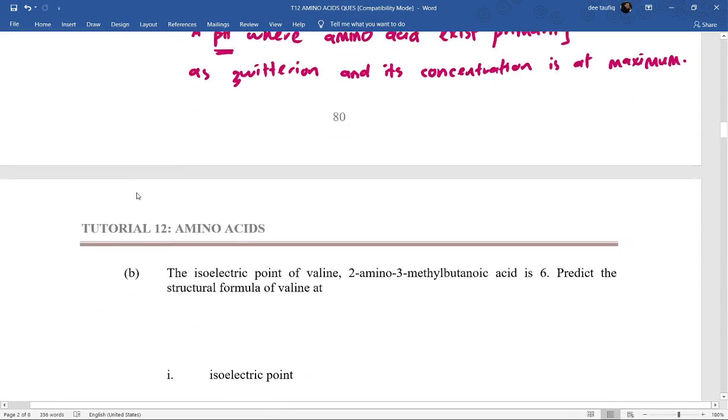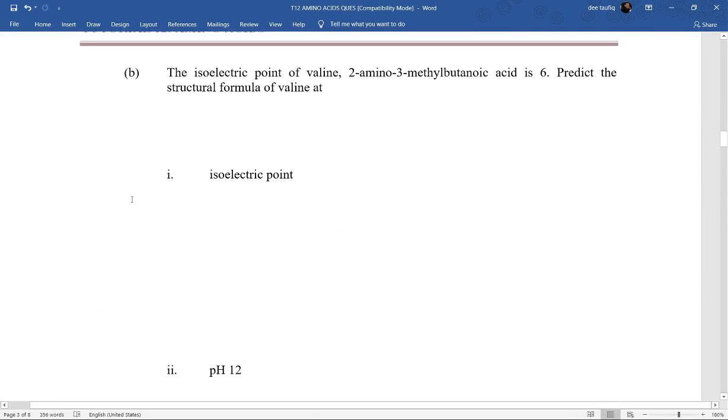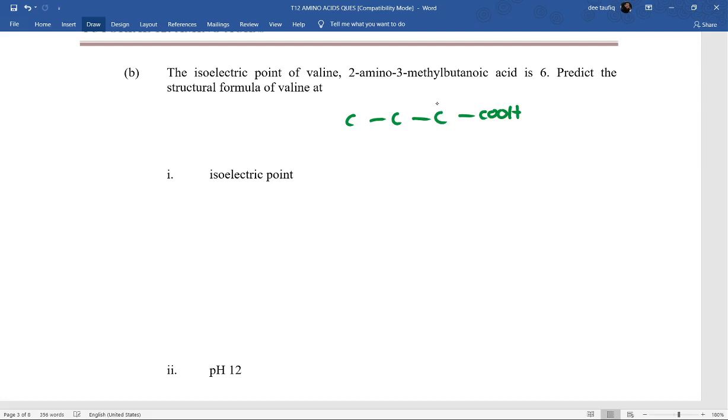Right, so that is question number 4A. Number 4B, the isoelectric point of valine, 2-amino 3-methyl butanoic acid, is 6. Predict the structural formula of butanoic acid dulu. Kita buat COOH, nama kata 2-amino.